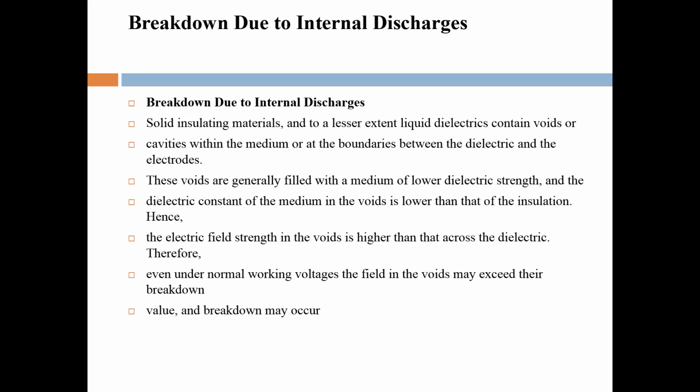Now, next one, breakdown due to internal discharge. What happened? Certain types of solid materials, and certain liquid dielectrics, contain voids or cavities within the medium or at the boundaries between the dielectric and the electrode.